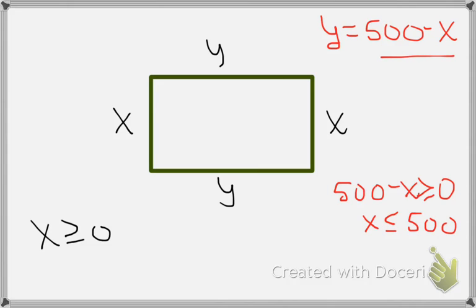So what have we gotten from those two pieces? Well, what we've gotten here is that x has to be greater than or equal to 0, and x has to be less than or equal to 500. So x then is between 0 and 500.